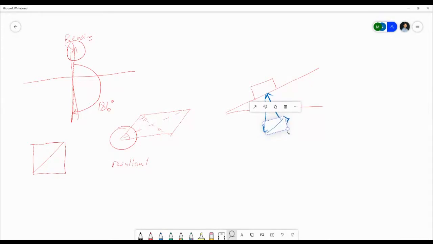I had to read the text a little bit to understand it more, but the vector that is orthogonal to the slope, that represents the force that the box is exerting onto the slope. Yes, they call that the normal force. The normal force.